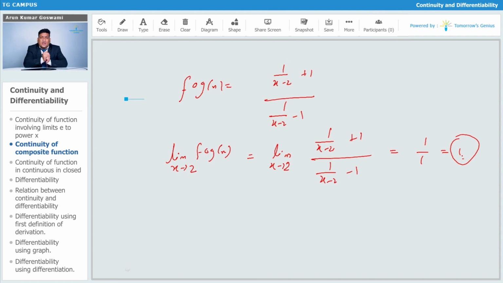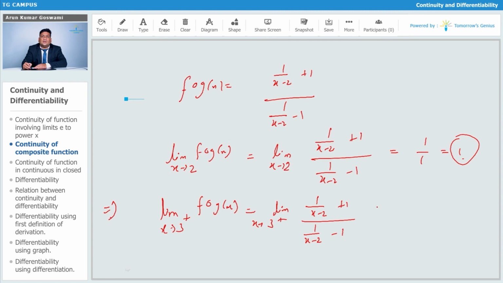Like this we can check about 3 also. So if I am going to check for 3, limit x tends to 3 positive first, I will check the right hand limit for the fog. So limit x tends to 3 positive of (1 by x minus 2 plus 1) divided by (1 by x minus 2 minus 1). If you substitute 3 plus h in place of x, after solving this, we are going to get negative infinity.